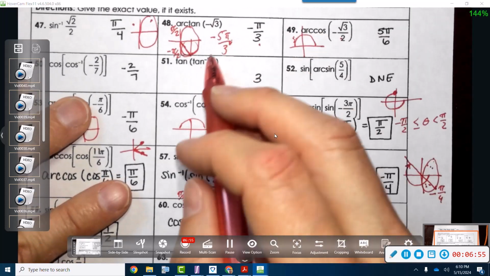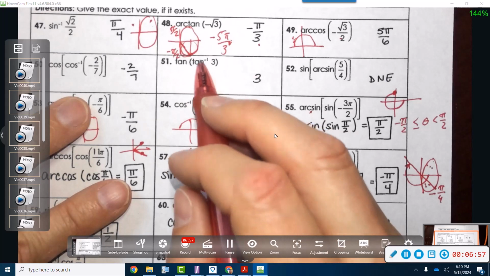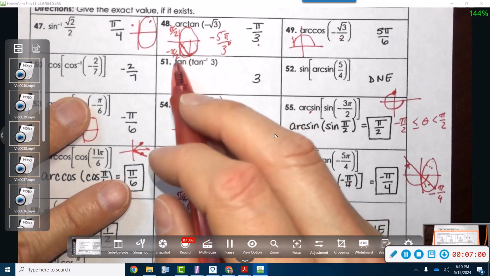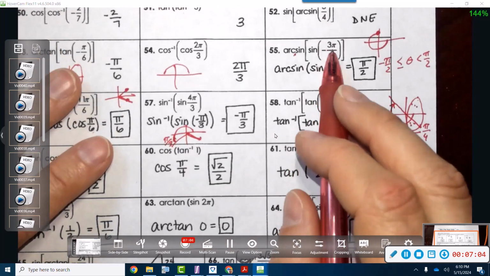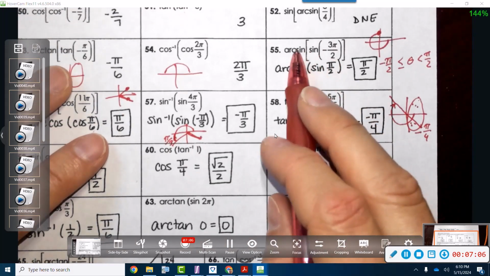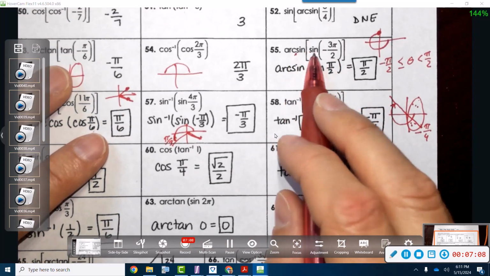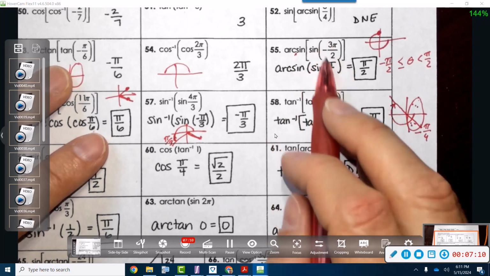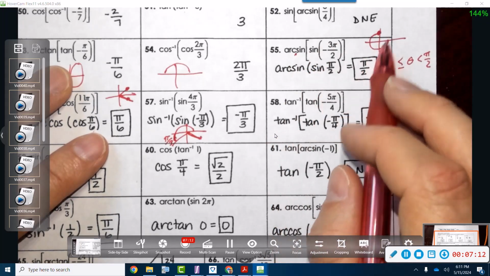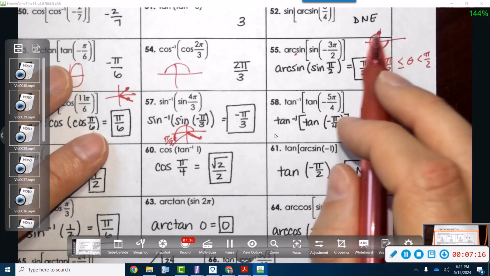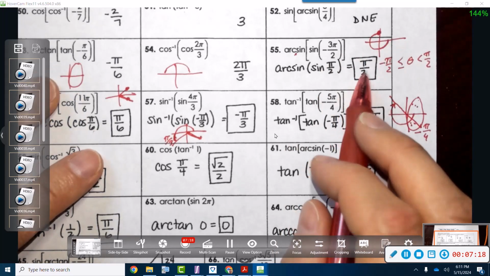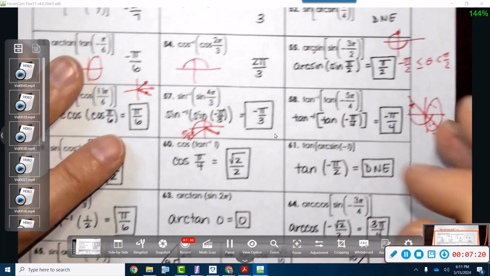So whenever you have the arc function inside the regular function, it is what it is, unless it's over 1. But over here, if you've got the regular function inside, you have to differentiate and make sure that you modify this so it fits in the right quadrants, okay, the correct quadrants. So this one really is a pi over 2, okay.